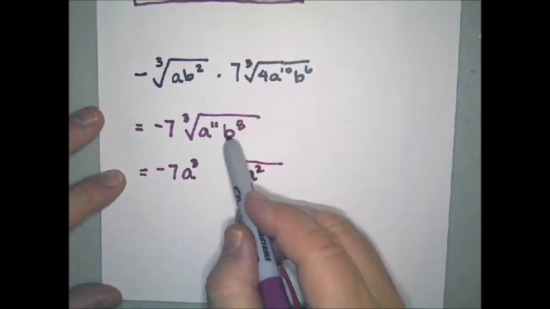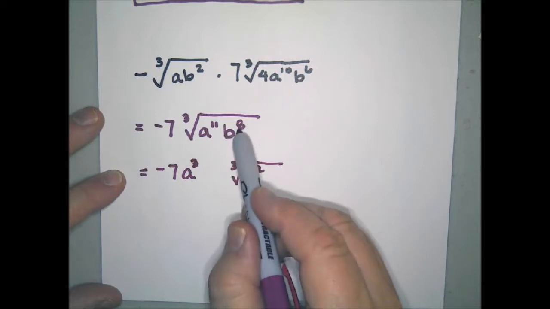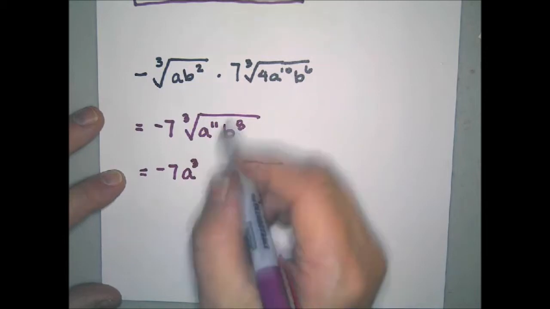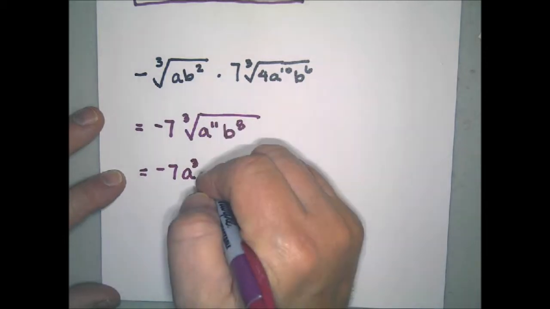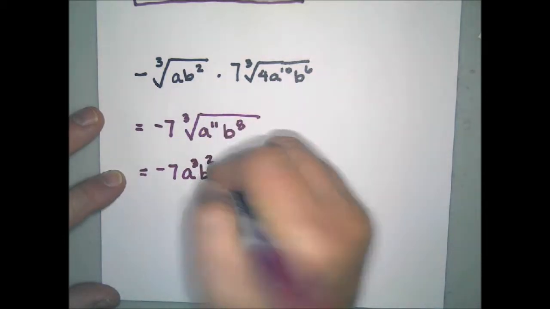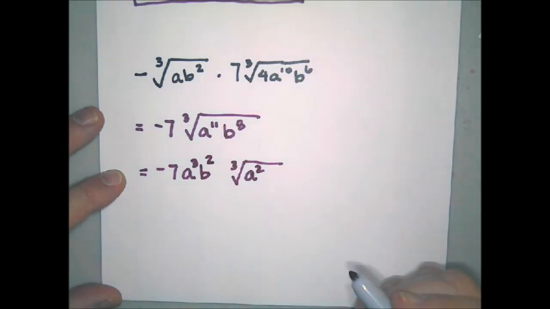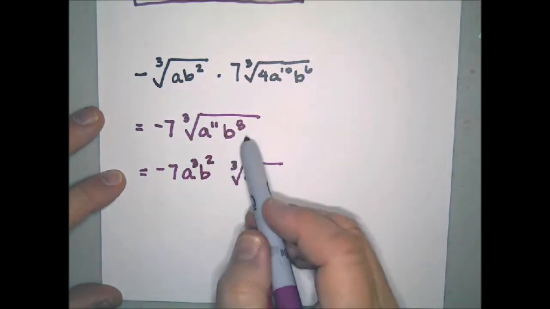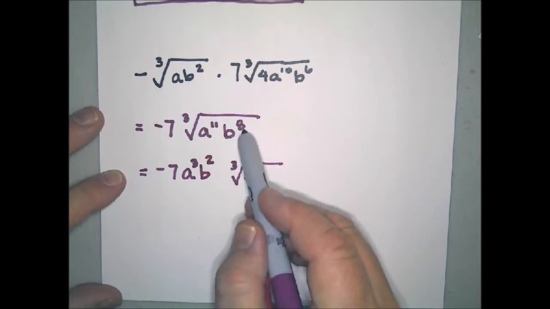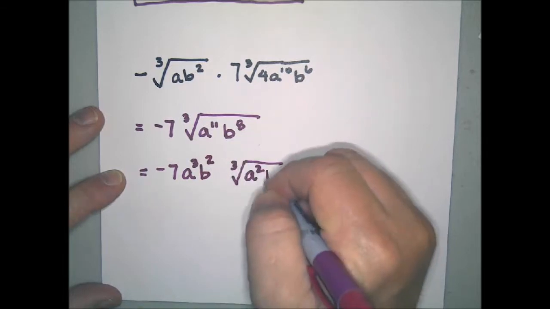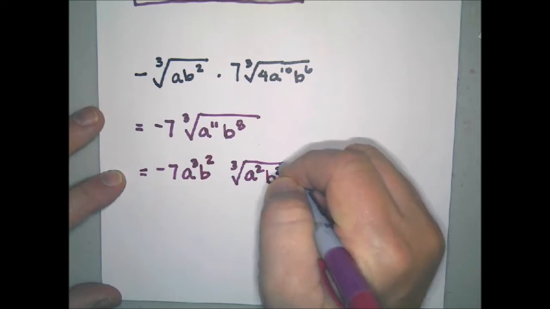And b to the 8th, if I take 8 and divide it up into groups of 3, I'm going to get 2 groups. So that would be b squared. It's going to use up 6 of those b's to do that, so I'm left with b squared on the inside.